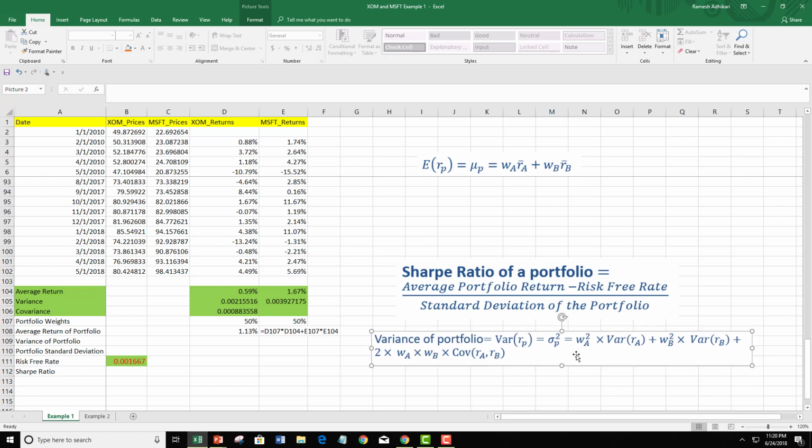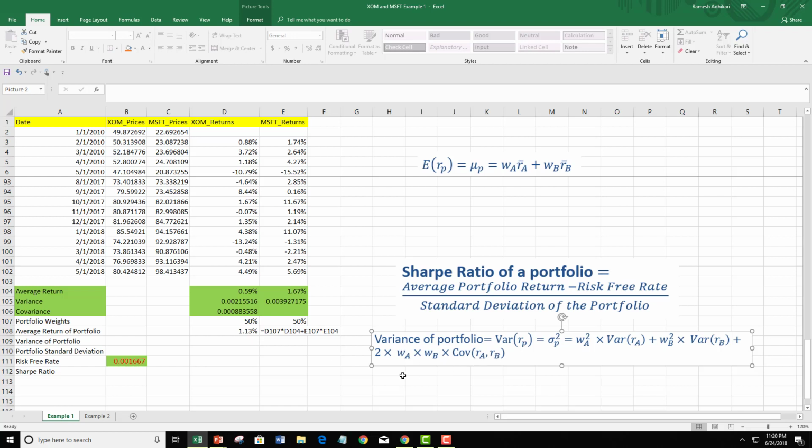Portfolio variance equals, look here, the square of the proportion of money invested in stock A times the variance of A, plus the square of the proportion of money invested in stock B times the variance of B, plus 2 times the proportion of money invested in stock A times the proportion of money invested in stock B times the covariance of A and B.